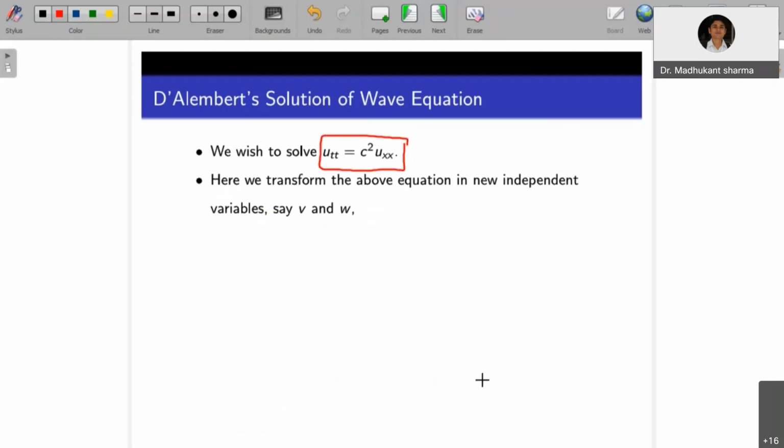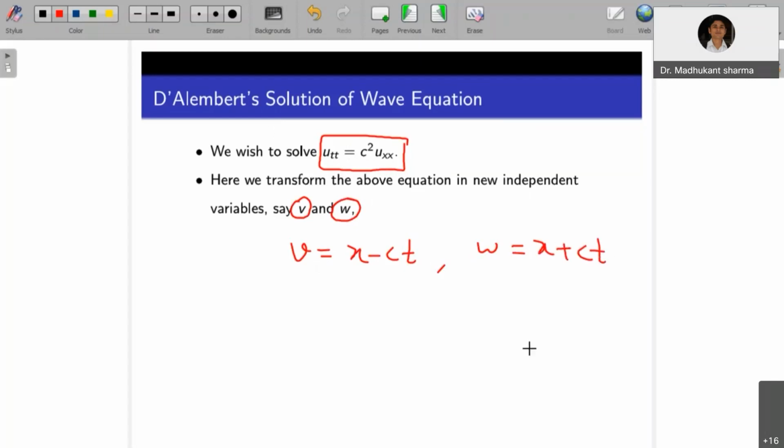D'Alembert's idea is that he transformed the independent variables x and t into new variables v and w, by using a 1-1 onto transformation, where he has taken v equals x minus ct and w equals x plus ct.